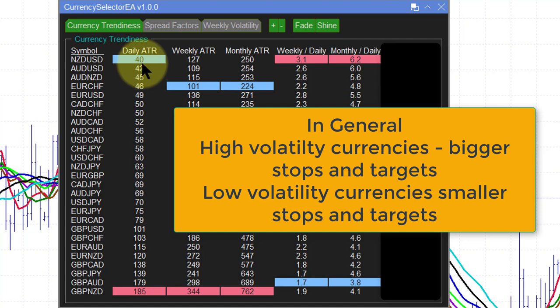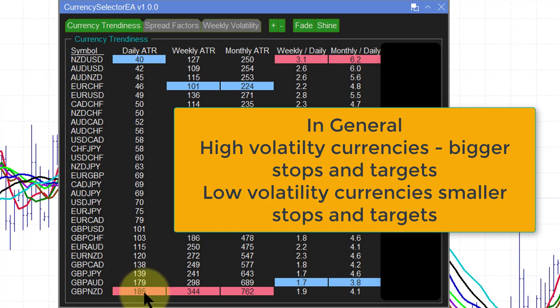Also, what's quite handy is stops and targets. Now, a stop of 40 pips might be good for a low volatility currency like that particular one, but a stop of 40 pips for a very high volatility currency is inappropriate. Your stop is going to get hit very easily by just sheer daily volatility within that particular currency.